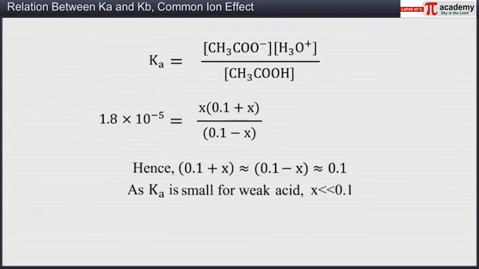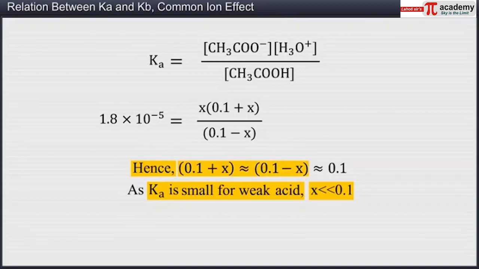As the acid dissociation constant Ka is small for a weak acid, the extent of ionization x can be assumed to be very, very small compared to 0.1 mole. Hence, you can assume that 0.1 + x is nearly equal to 0.1 - x, which is nearly equal to 0.1.